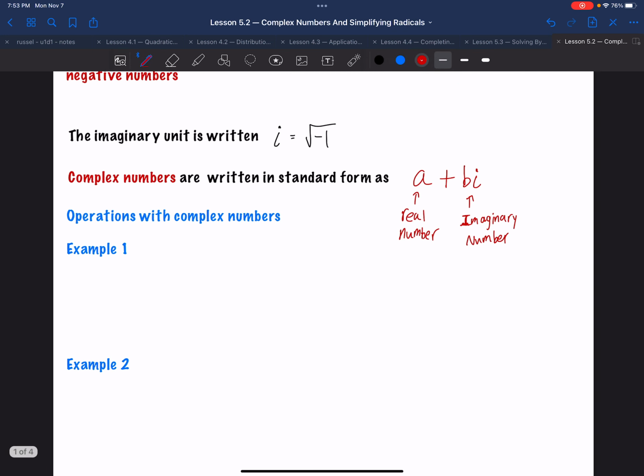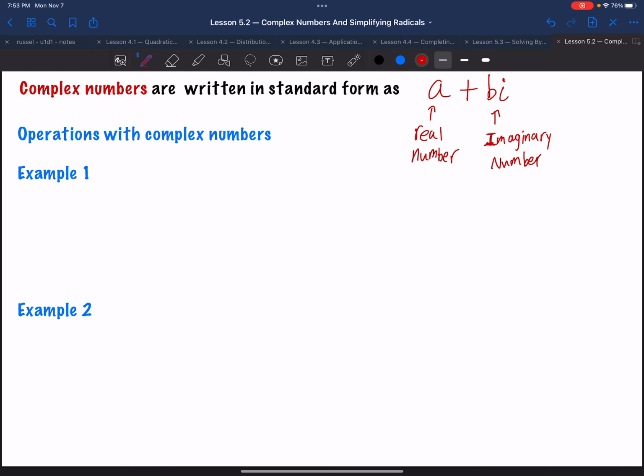So let's look at a couple examples of operations with complex numbers. Let's do 2 plus 3i minus (6 minus i). I just made that up on the spot. So this first example is really simple. Think of this as combining like terms, right? This is absolutely no different from combining this expression if the i's were replaced with x's.